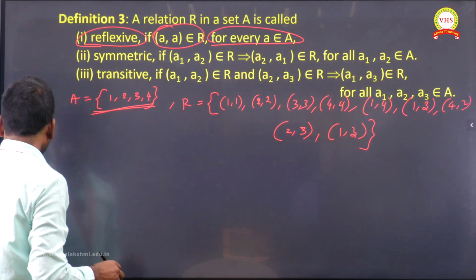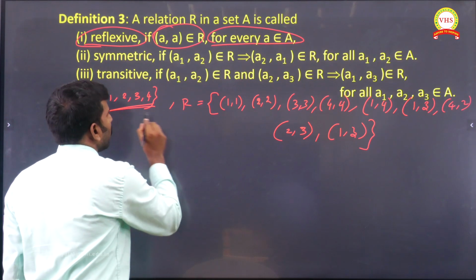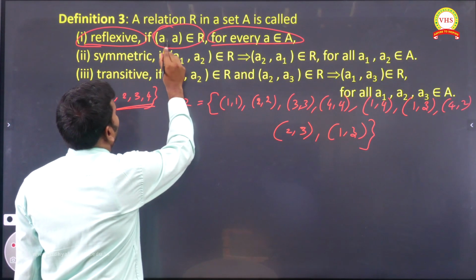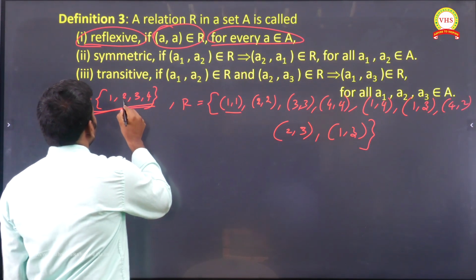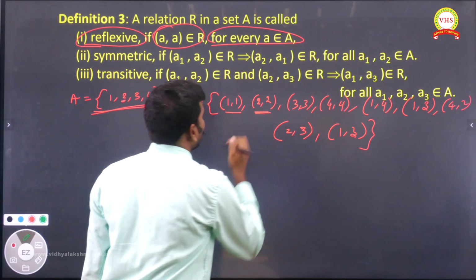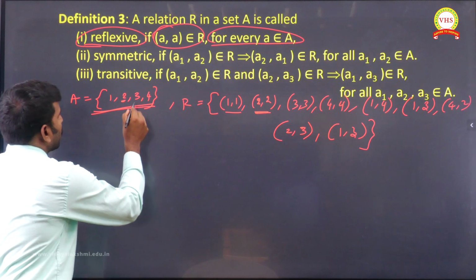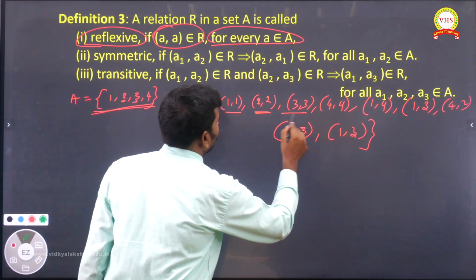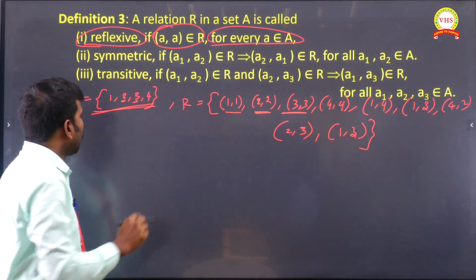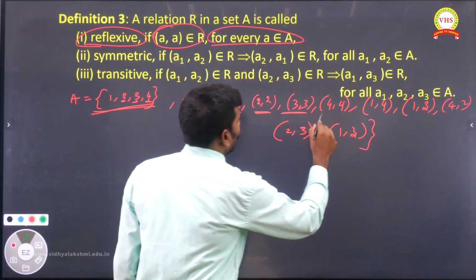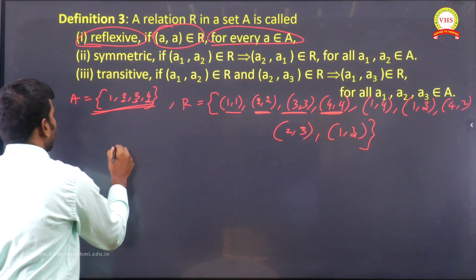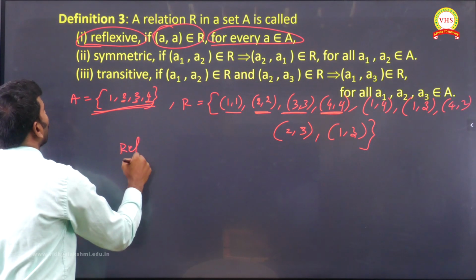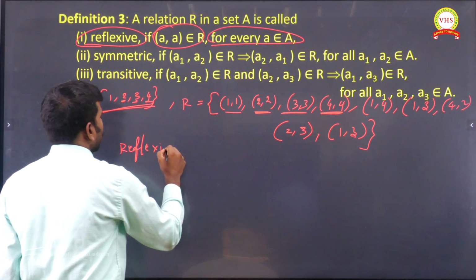Okay. Listen, I have a 1. 1 in the sense that (1,1) should be formed. It's here. Have you noticed? Next, 2 in the sense (2,2) should be formed. Next term 3, so (3,3) should be formed. 4, so (4,4) should be formed. Then this R is reflexive.